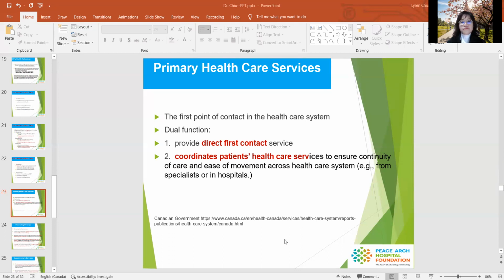The second function is they will coordinate patients' healthcare services to ensure continuity of care and ease movement across the healthcare system. So they might refer you to a specialist or to a hospital or other healthcare facilities.